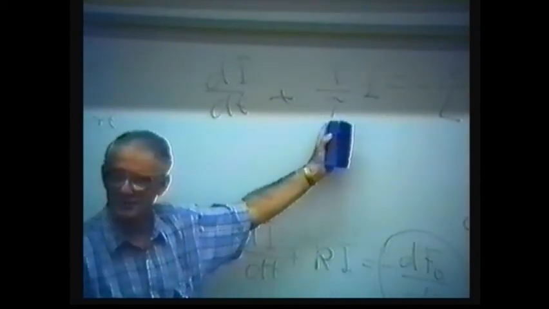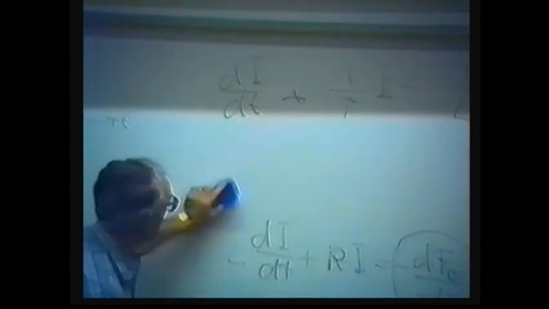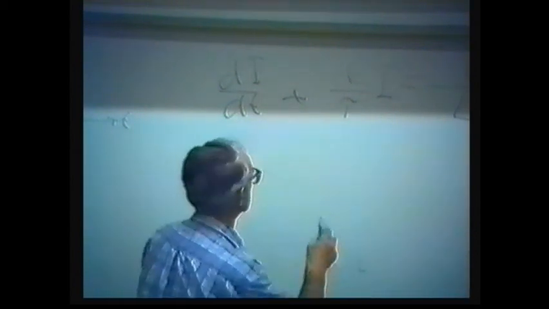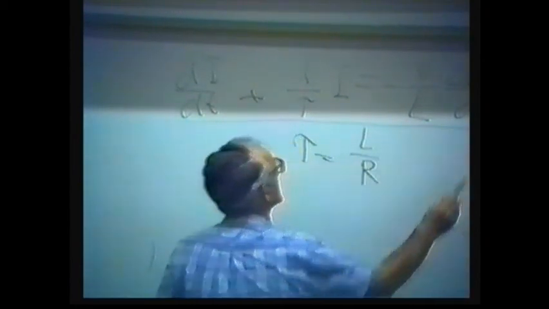Now I introduce notation because Duncan spoke about this quantity today. So divide by this constant. What is the constant tau? It's only notation. L over R. Does it sound reasonable? Correct?